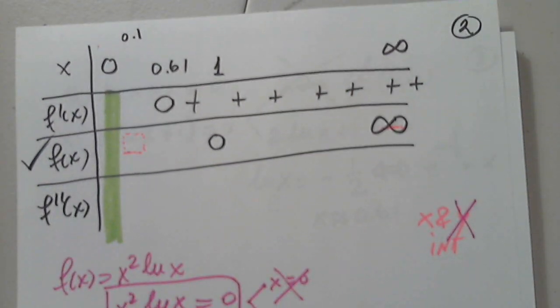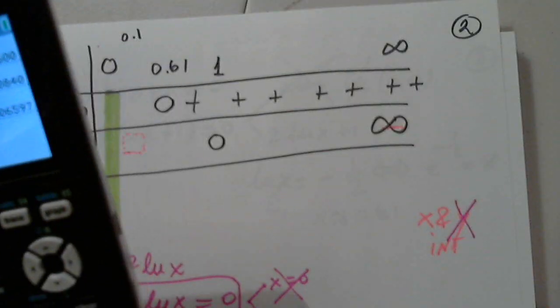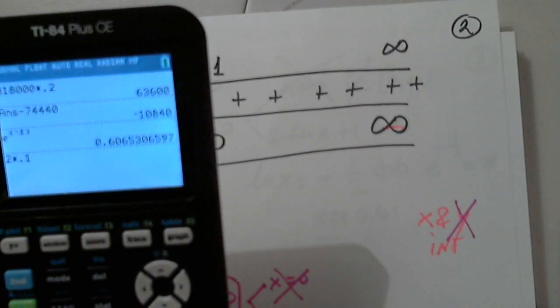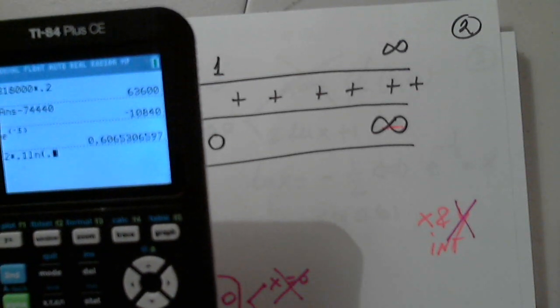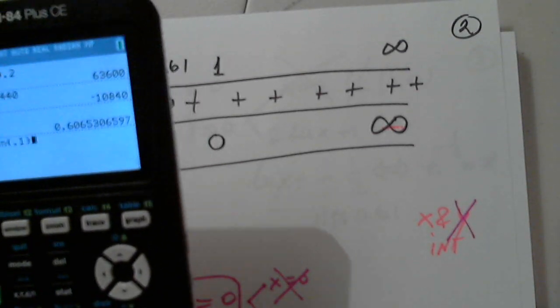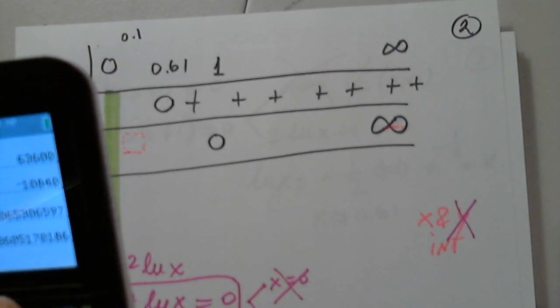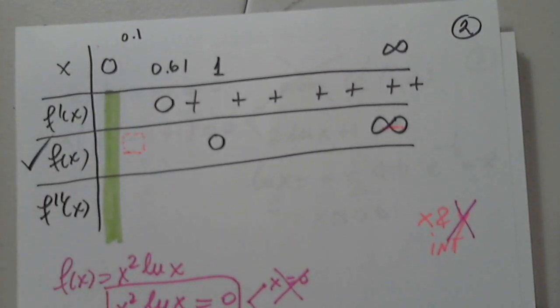Okay? And see if it's negative. So I have 2 times 0.1 times natural log, which will be negative, of 0.1 plus 0.1. I got negative 0.36. Okay, good enough. I don't care about the number. I only care about the sign.